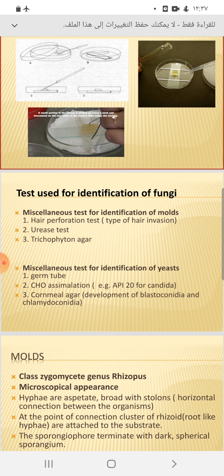Miscellaneous tests for identification of yeast include the germ tube, carbohydrate assimilation test or the API 20, and corn meal agar for development of blastoconidia and chlamydoconidia. All these tests we are going to talk about in detail in the next lab.